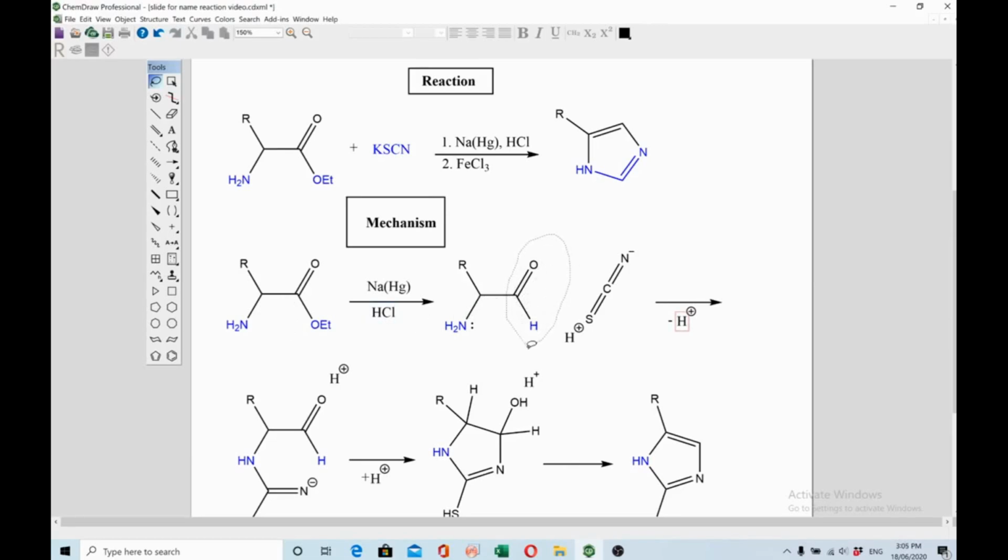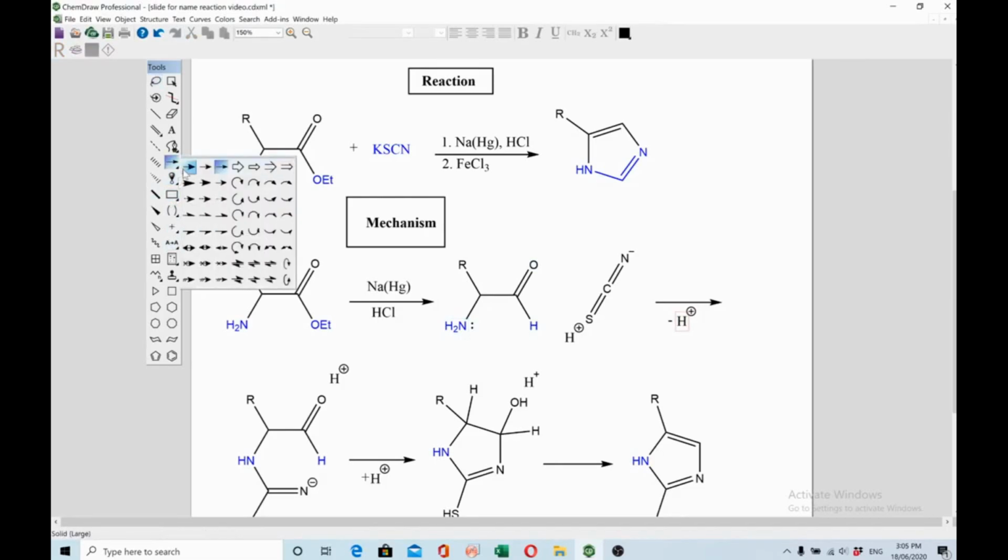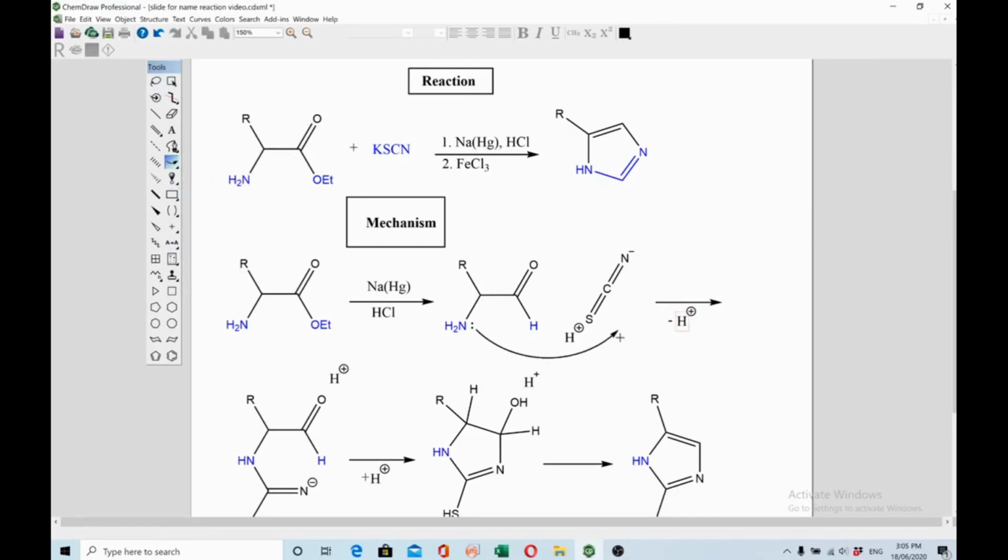So this is aldehyde and this was ester. Ester was reduced using these reagents into aldehyde. Now in the next step, this free lone pair of NH2 goes on to attack the carbon atom, this one, attack here on this carbon.